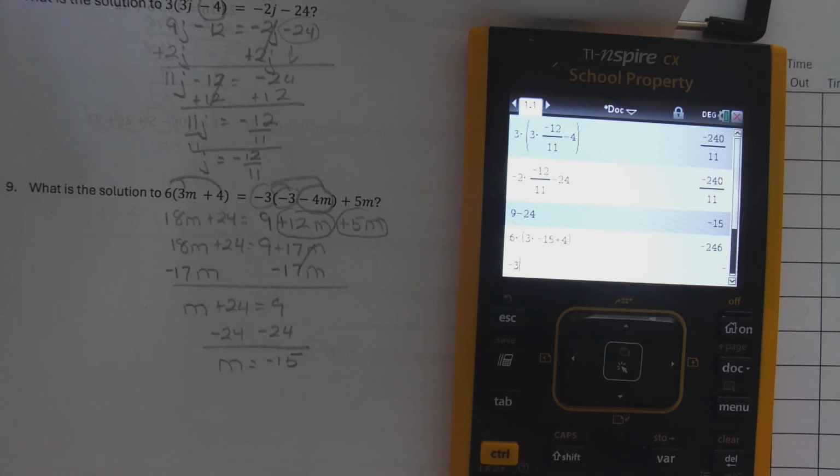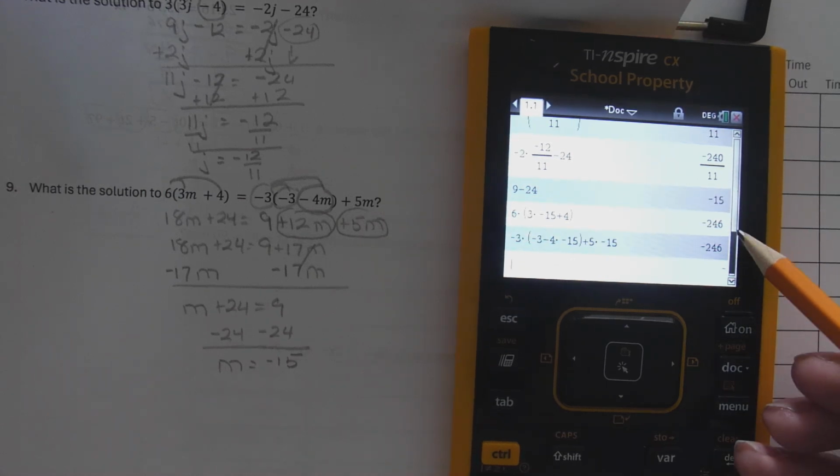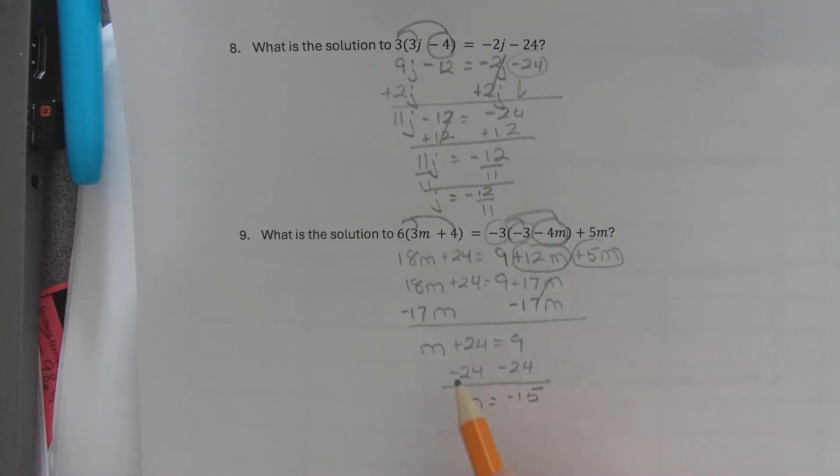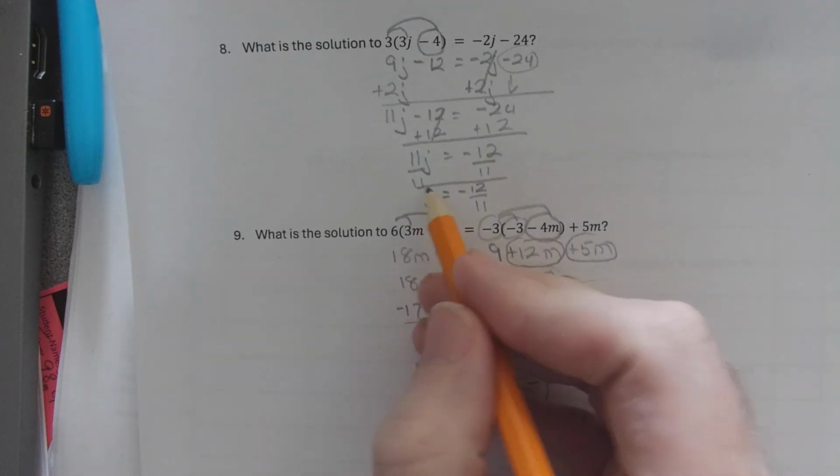Then if we do negative 3 parentheses negative 3 minus 4 times negative 15 plus 5 times negative 15, we get negative 246. They're the same, so our answer is right. And so that is our final answer.